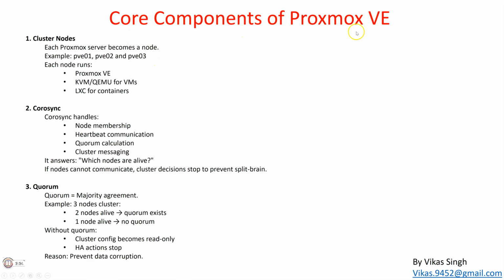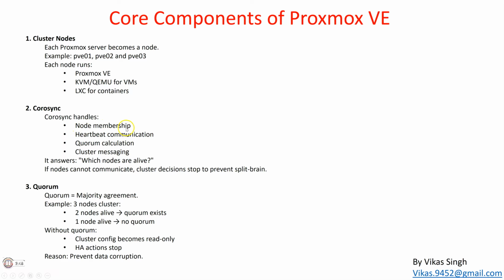Now the core components of Proxmox VE, starting with the cluster nodes. Each Proxmox server becomes a node. For example, we have 3 nodes. Each node runs Proxmox VE, with KVM/QEMU for VMs and LXC for containers. Then there is Corosync, which is one of the most important parts of the Proxmox VE cluster infrastructure.